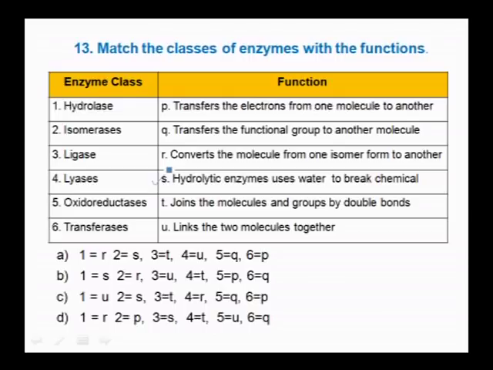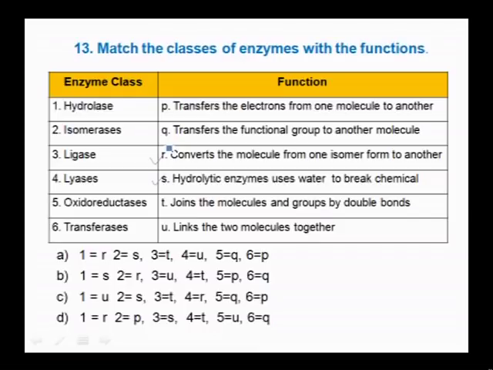So chemical bonds are broken by making use of water. Therefore, such enzymes are called hydrolase. Moving on to isomerases. Isomerases are the ones which will convert one form of the isomer into another form.